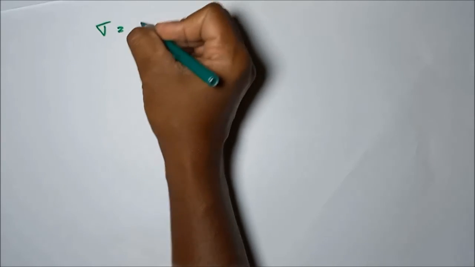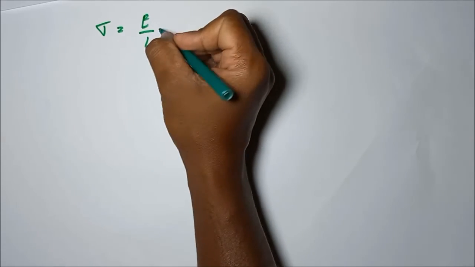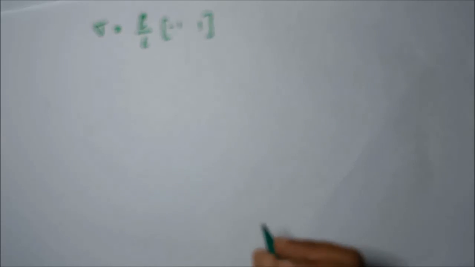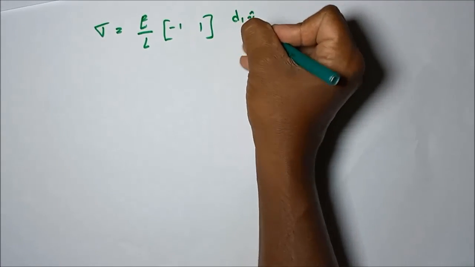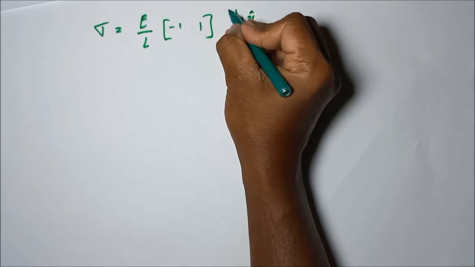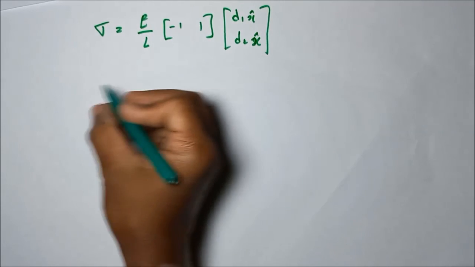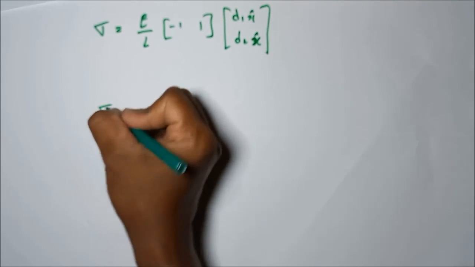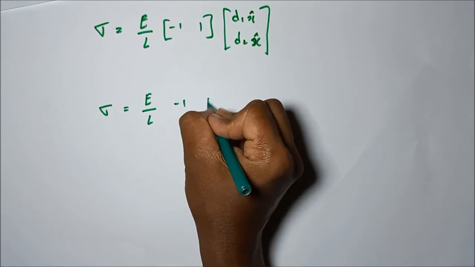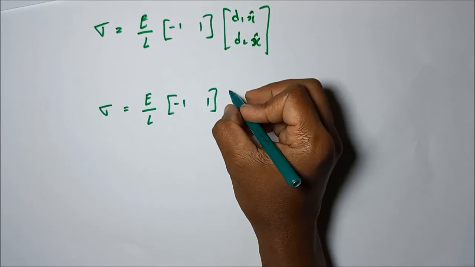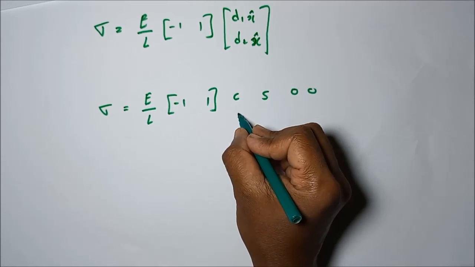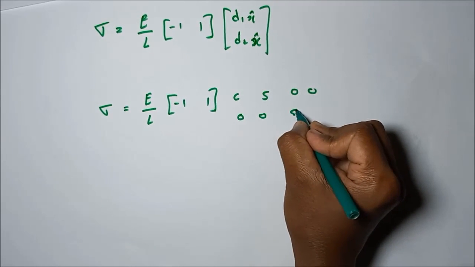Sigma is equal to E divided by L times [-1 1] times the transformation matrix [C S 0 0; 0 0 C S], times d1x, d1y, d2x, d2y. If we don't know the local displacement, we can use this equation.